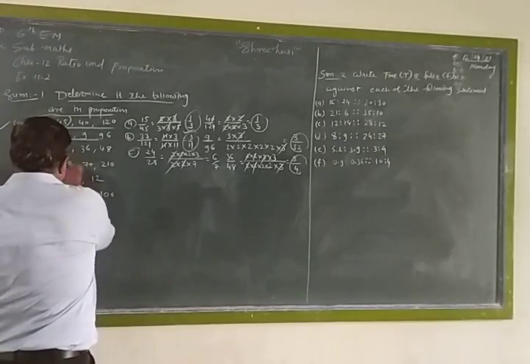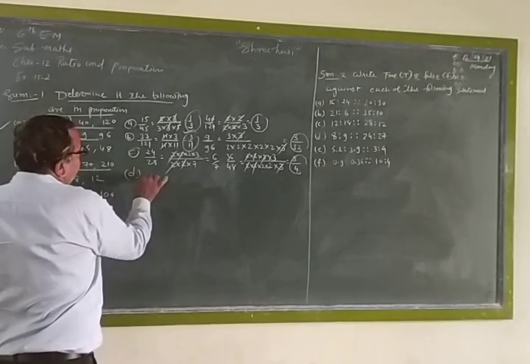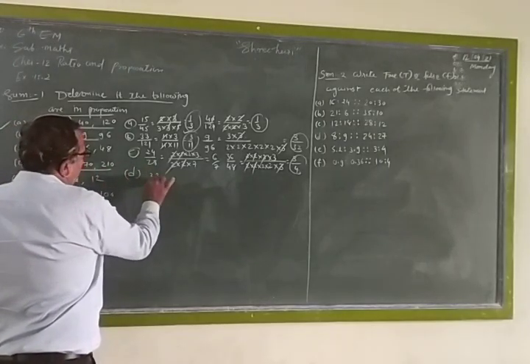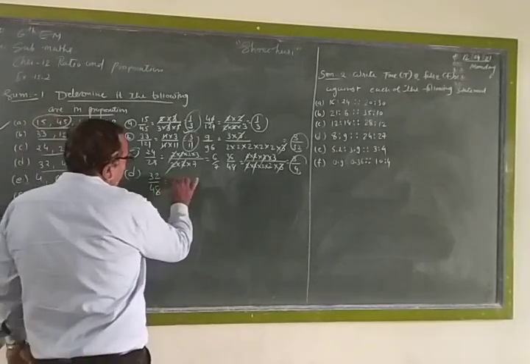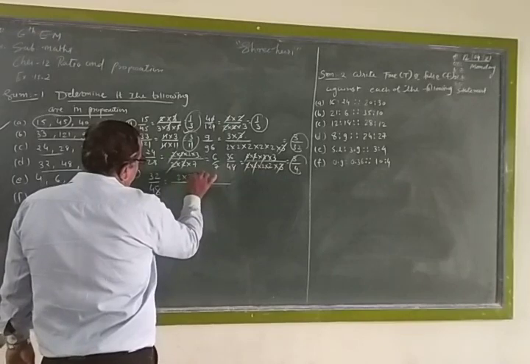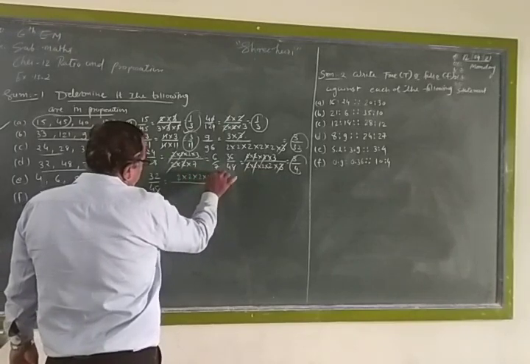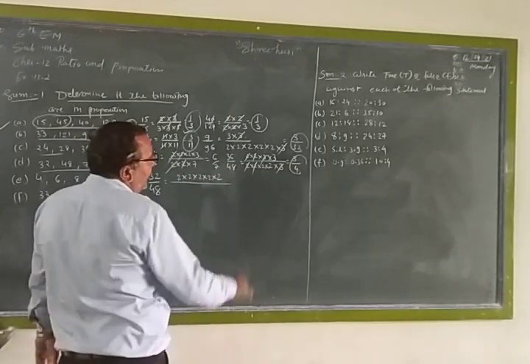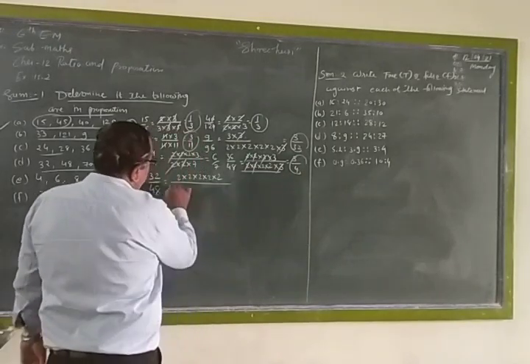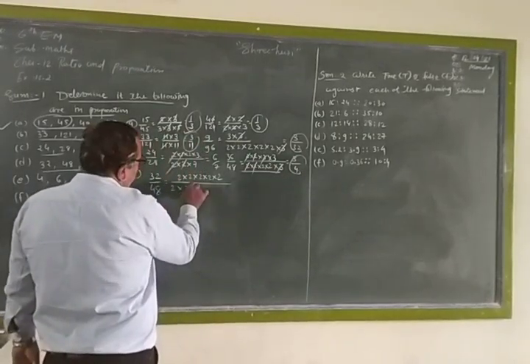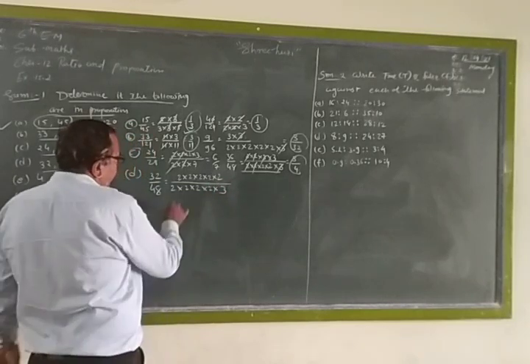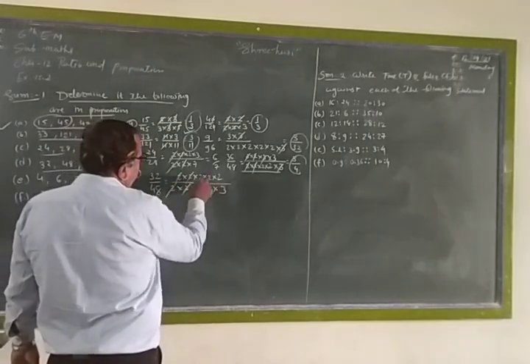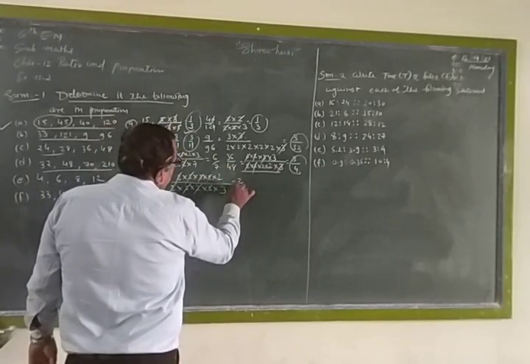Like this, 32 and 48. The prime factors of 32 are 2 times 2 is 4, 2 is 8, 2 is 16, 2 is 32, and of 48 are 2 times 2 is 4, 2 is 8, 2 is 16, 3 is 48. The 2s cut, so 2 upon 3.